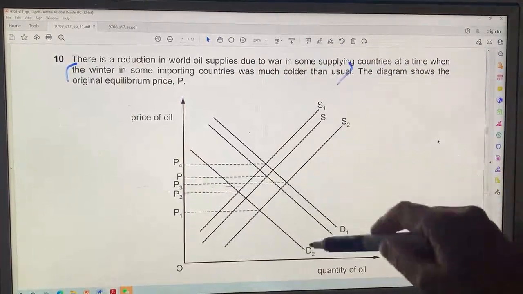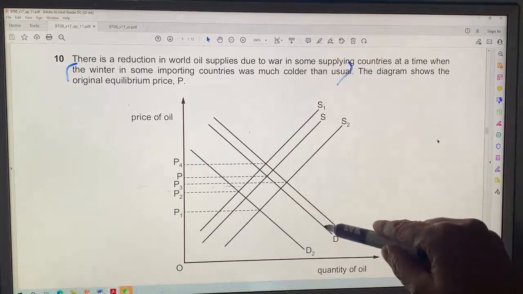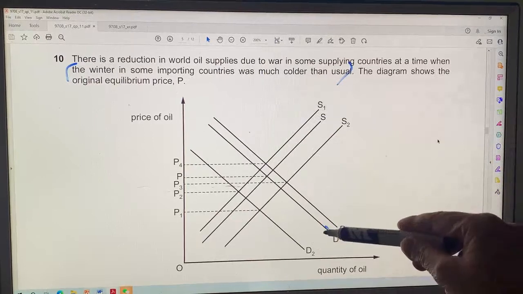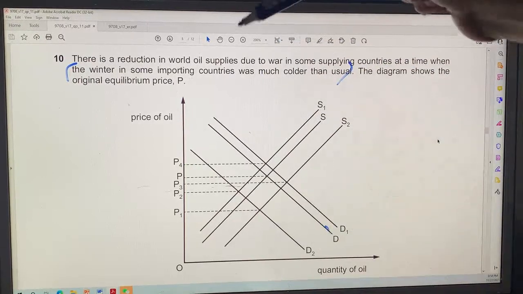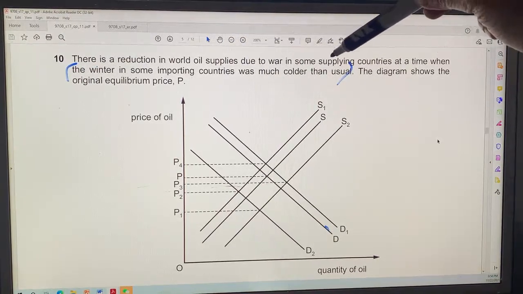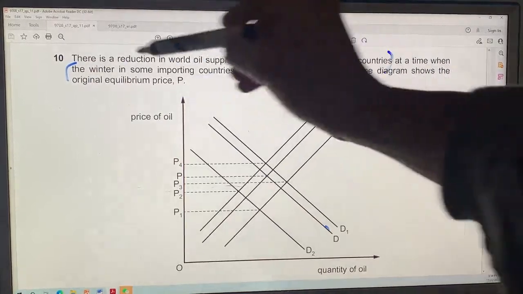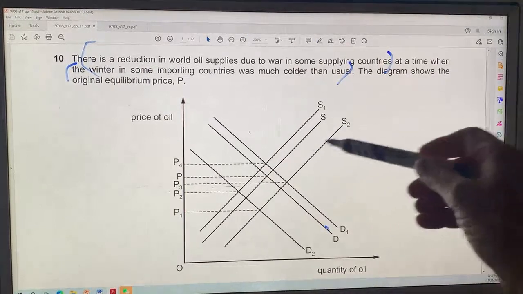So that increases the demand for coal. You use coal to heat, or oil, coal and oil. And there was a reduction in the world oil supplies due to war in some supplying countries. So there's two things. And what's the result?